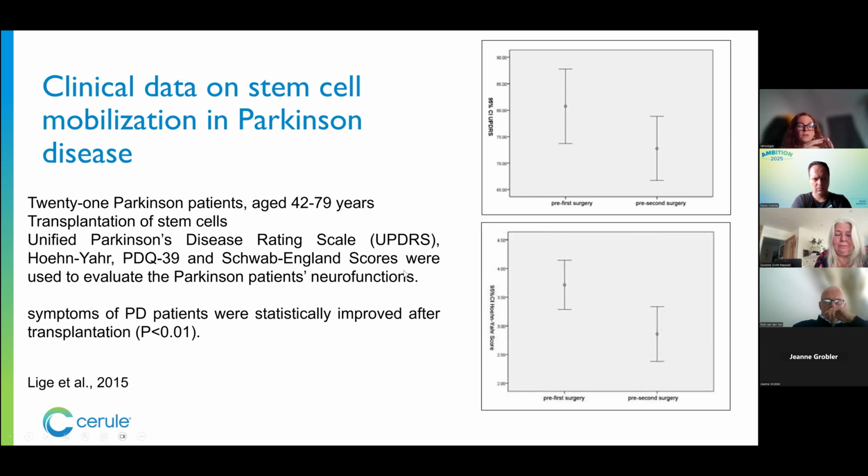That confirms the consistent improvement in UPDRS score, which is a validated questionnaire to assess the motor symptoms and the non-motor symptoms, especially cognitive function. That is an internationally validated questionnaire. And also, as we said, the Hoehn and Yahr scale is used by healthcare practitioners and scientists to assess the stages and the evolution of Parkinson's disease.